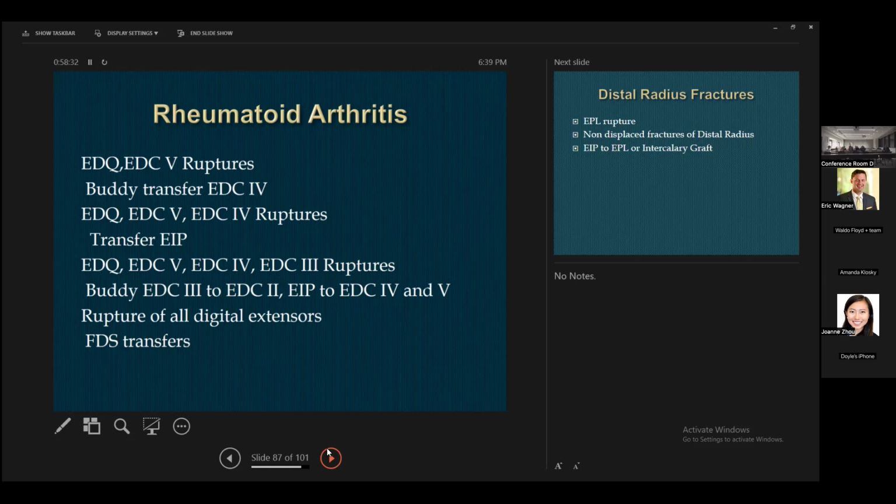And what do you do if you have middle, ring and the two little ones out? You buddy middle to the index EDC and transfer EIP to the ring and little. And if all four are out, you go, oh crap, and you do the FDS transfers that don't usually work as well.